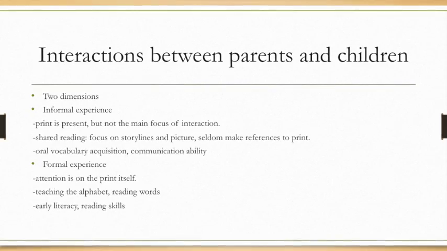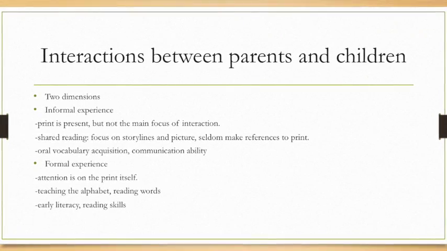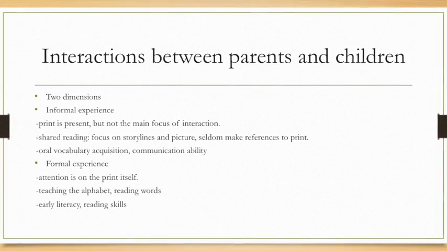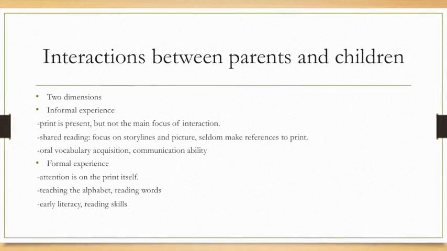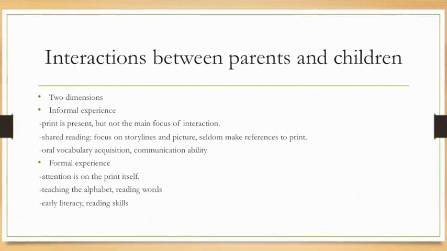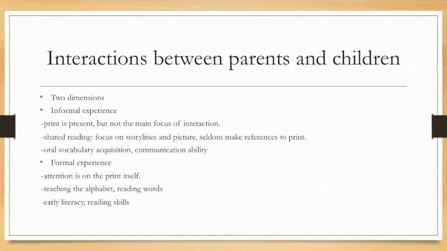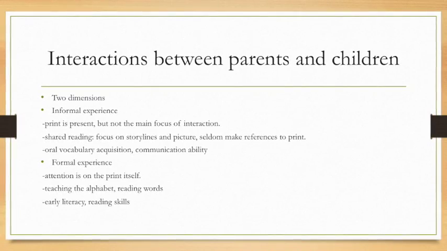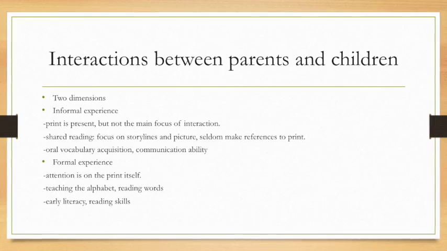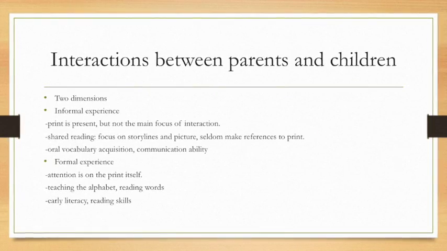Informal experience contributes to children's oral language development by enhancing vocabulary acquisition, while formal experience like reading words provides children with opportunities to improve early literacy, such as alphabet knowledge and knowledge about printing and reading skills.